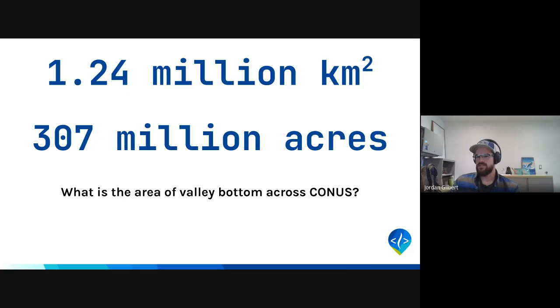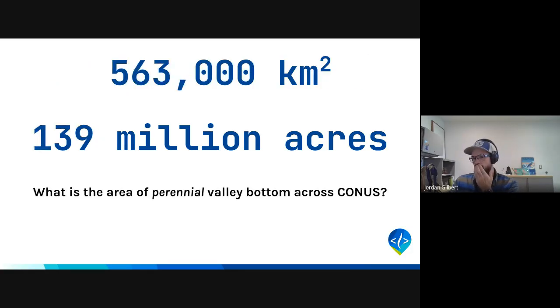I could then ask a subset of this question, which is, how much of that riverscape is perennial? Maybe I only care about working in perennial systems, or I want to know what part of the landscape has water all the time. In that case, it's just under half of the total riverscape area. So 563,000 square kilometers, or 139 million acres.